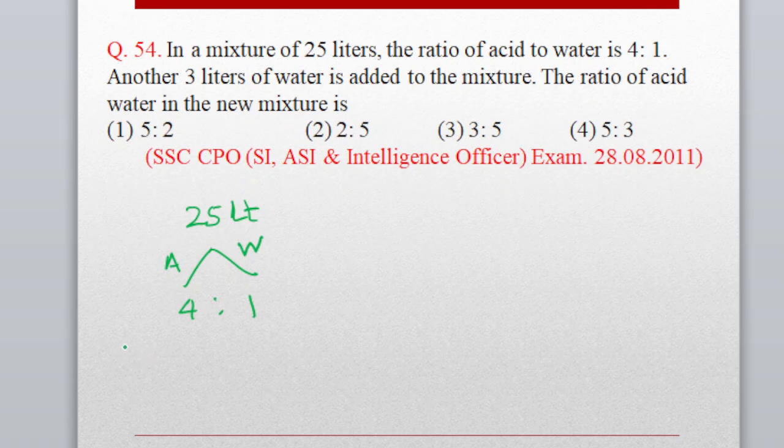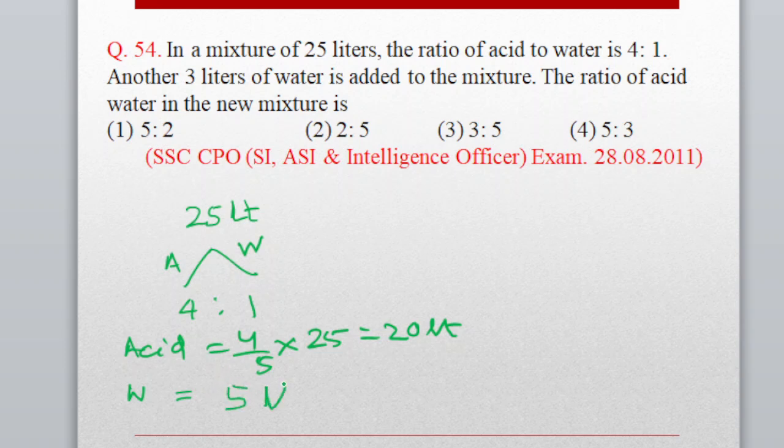Now that means here acid is equal to 4 by 5 into 25, so that is equal to 20 liters. And water is 25 liters of mixture minus 20 liters of acid, so after subtraction we are getting 5 liters.